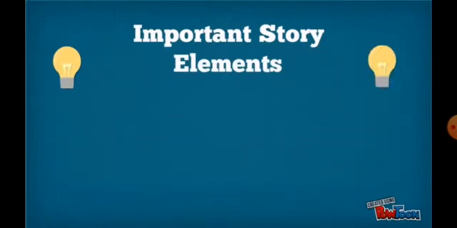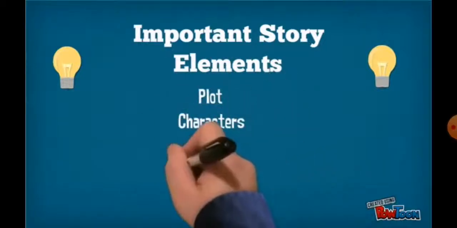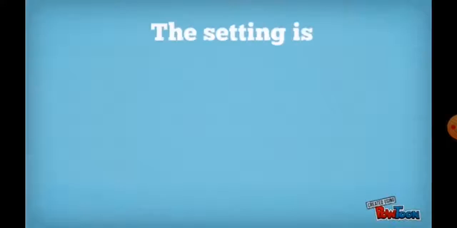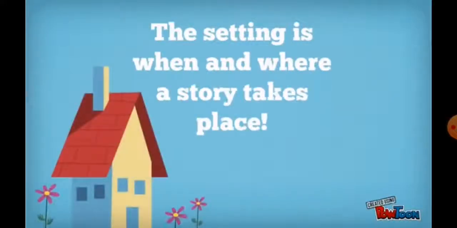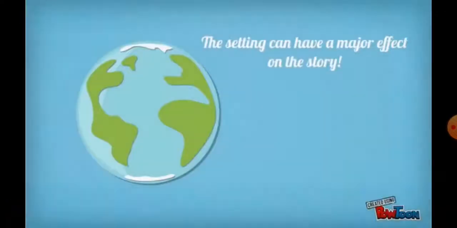Important story elements. What are the important elements which we have? Plot, characters, setting, conflict, and theme. The setting is where and when the story takes place. When and where. The setting can have a major effect on the story.